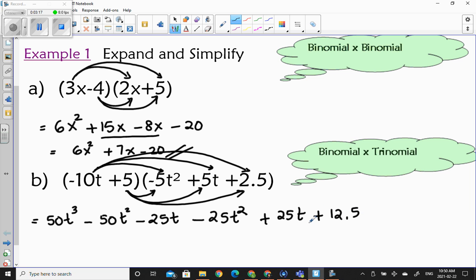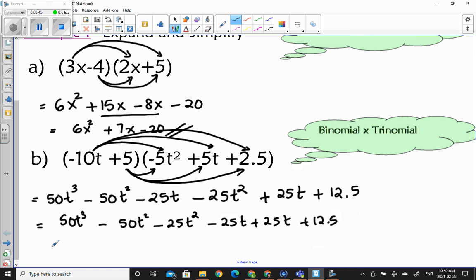So at this point, you can add the like terms. The 50t cubed has no like terms, so it's by itself. The negative 50t squared and negative 25t squared are like terms, so you can add them. Negative 25t and plus 25t are like terms, and then you have plus 12.5.